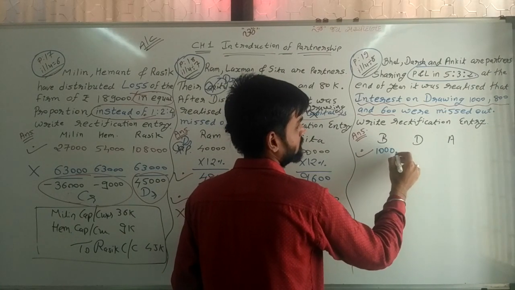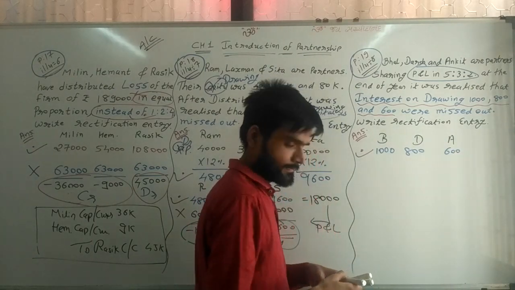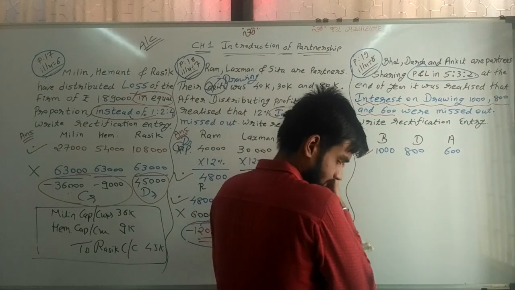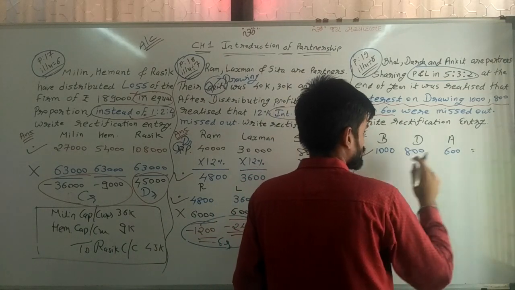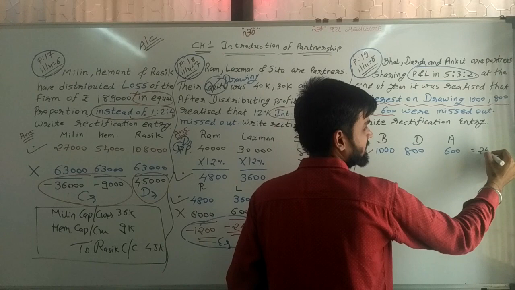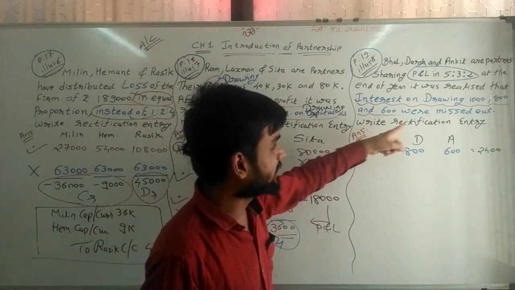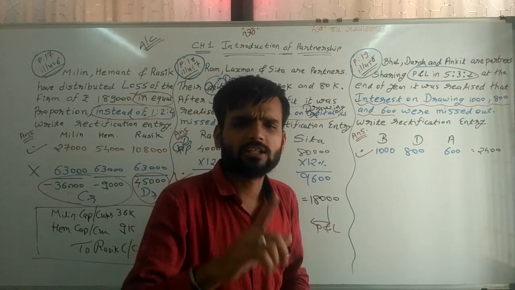1000, 800, 600. Make the total of these three. If you make the total, 2400 is the answer. This is the correct total. Now write the rectification entry. What is our rule?